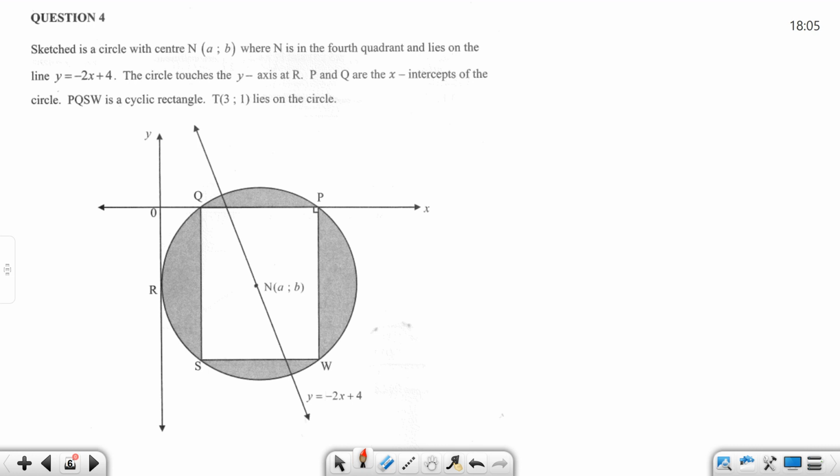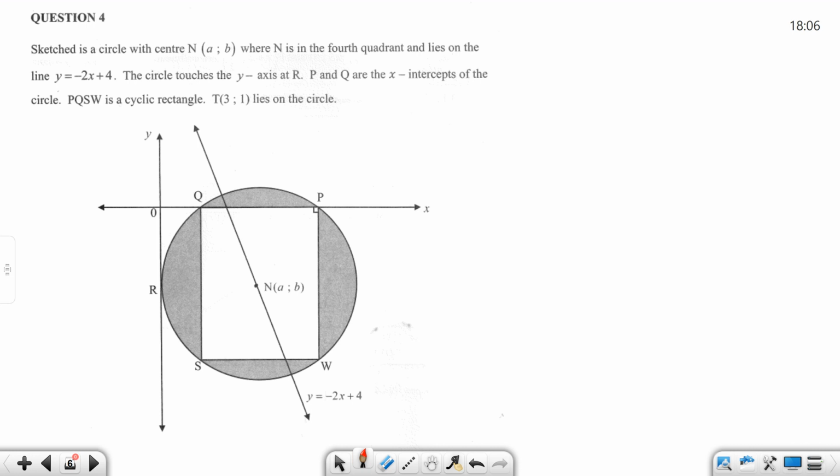In this particular one, you are going to do most of the calculations. So when we go to question 1, you do it with mark like that. Sketched is a circle with center N, AB, where N is in the 4th quadrant and lies on the line. Let's take note of the statement. It lies on the line y equals minus 2x plus 4. The circle touches the y axis at R. Please look for R quickly.